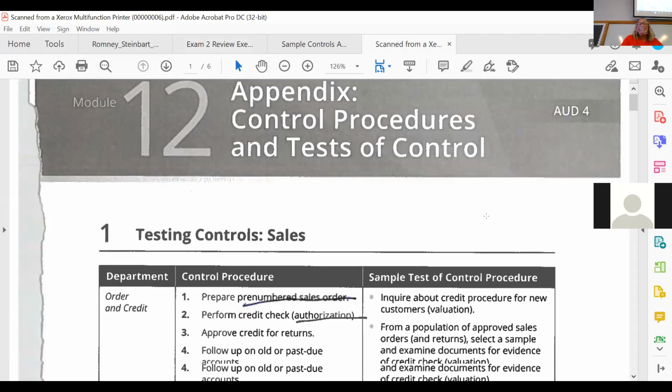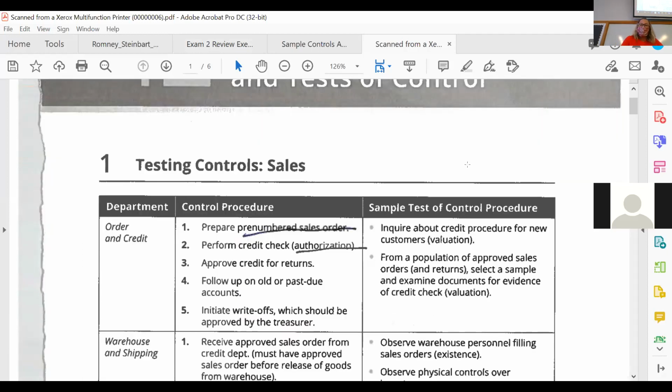Most of what's in the right-hand column, sample test of control procedures, isn't going to be applicable for this class. But I really like the way this textbook broke out the different accounting processes that we've been working through: the department, the sub-process, and then the different controls that relate to that process.